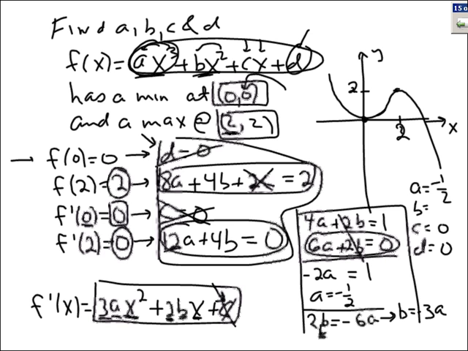But we know what A is now. Negative 3 times negative 1/2 is positive 3/2. So A is negative 1/2, B is positive 3/2, C and D are 0.